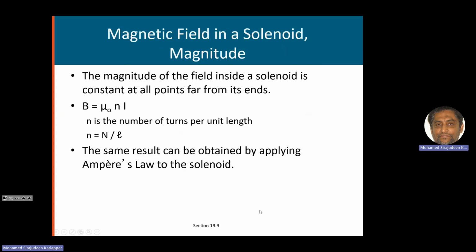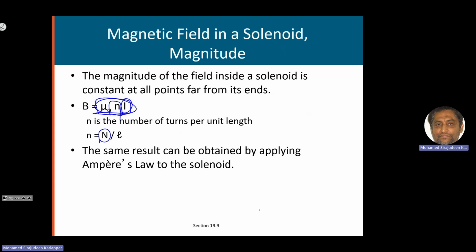And the magnetic field inside a solenoid, because it is constant, the value is given by this formula. So we have another formula now. Mu zero is the same constant. I is the current through the solenoid. What is small n here? Small n is not the same as the number of turns.